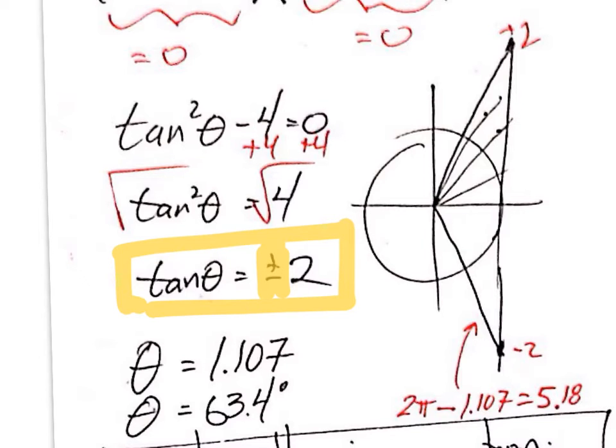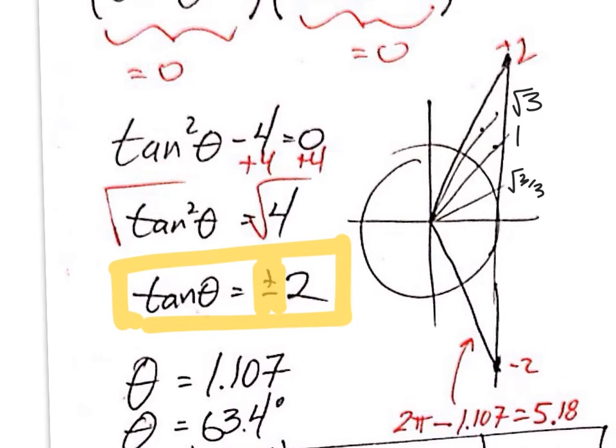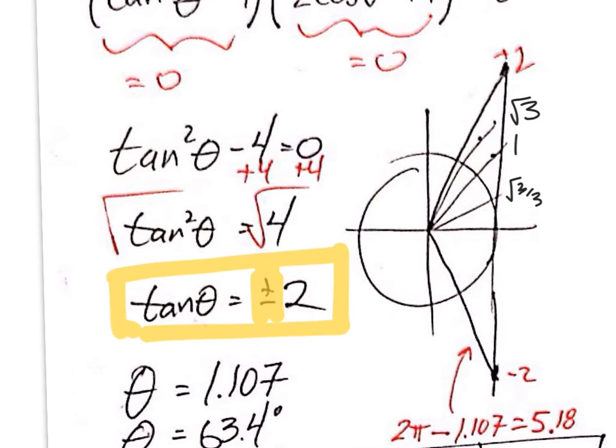Over here I have the tangent, and root 3 over 3, and 1, and root 3, and then 2 would be right here, plus 2. So this angle would be a little bit greater than the angle that gives us root 3. Root 3 is 1.71 something or other.